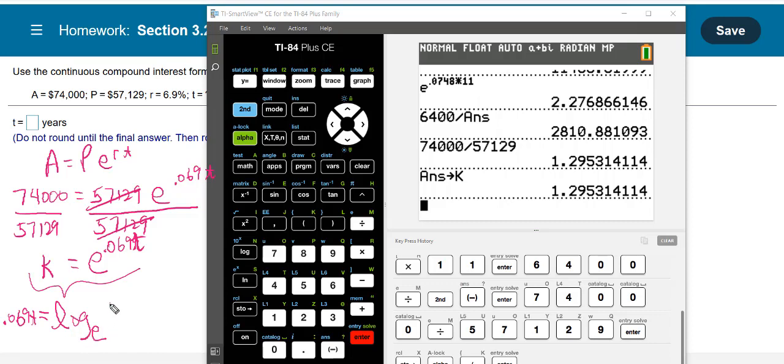And then the other number is the K. If you don't understand what I just did, please watch the lesson videos. To finish it out, we need to divide both sides by 0.069 to get the t by itself.